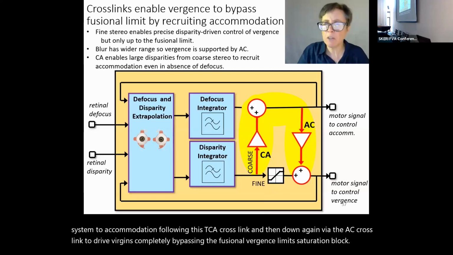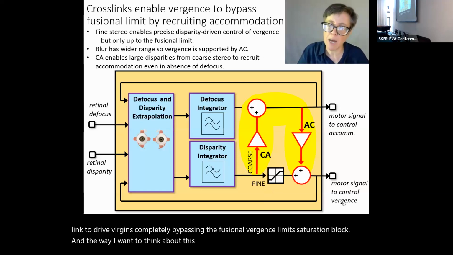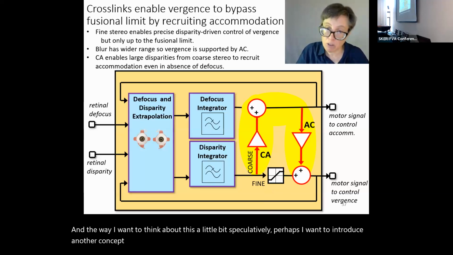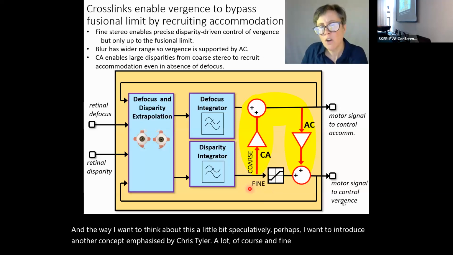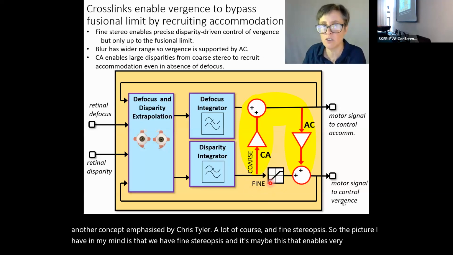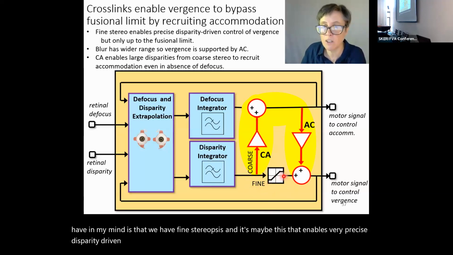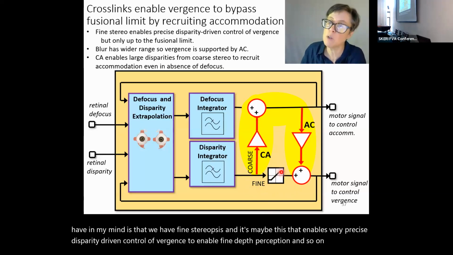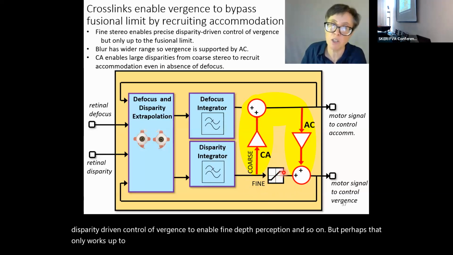The way I want to think about this, a little bit speculatively perhaps, is to introduce another concept emphasised by Chris Tyler, that of coarse and fine stereopsis. The picture I have in my mind is that we have fine stereopsis, and it's maybe this that enables very precise disparity-driven control of Vergence to enable fine depth perception and so on, but perhaps that only works up to some fusional limit.